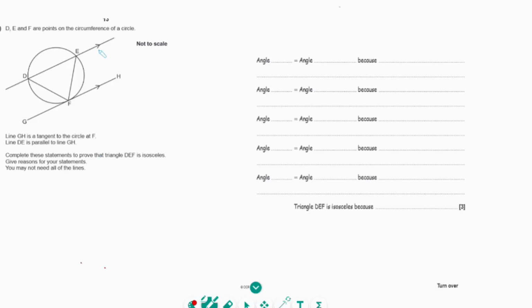So because we have these parallel lines, I can tell that these angles are the same because they're alternate angles. So EDF is equal to GFD because alternate angles. Also, we've got a circle theorem here.